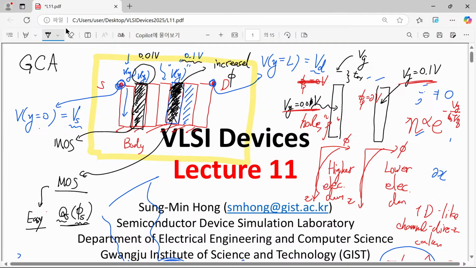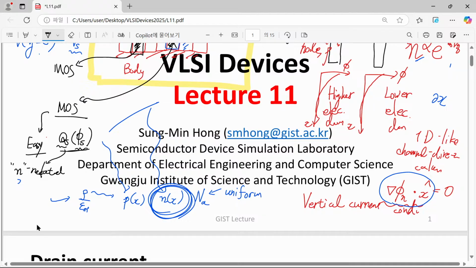You have a well-known expression, and the only modification you have to make is that in that expression you have an electron related part, and that electron related part was modified with a certain form like V over kBT over Q. By adding this factor, now you can consider modification of your electron quasi-Fermi potential at a given slab. That was the situation up to today's lecture.